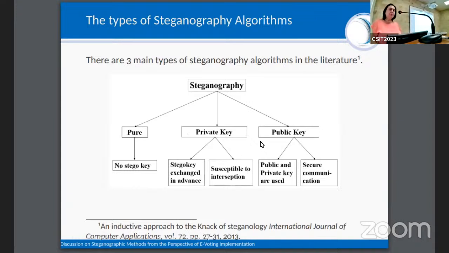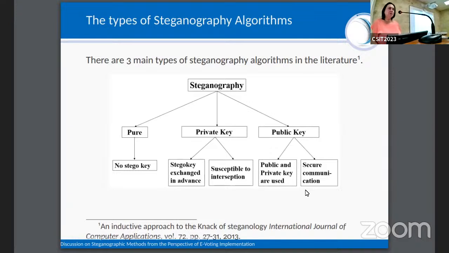Then the systems with a key are public key, private key or secret key systems, the same as for cryptography. In steganography, we have the same situation. We can use secret key systems, where it is supposed that in advance one must exchange a secret key, which is not an easy task.